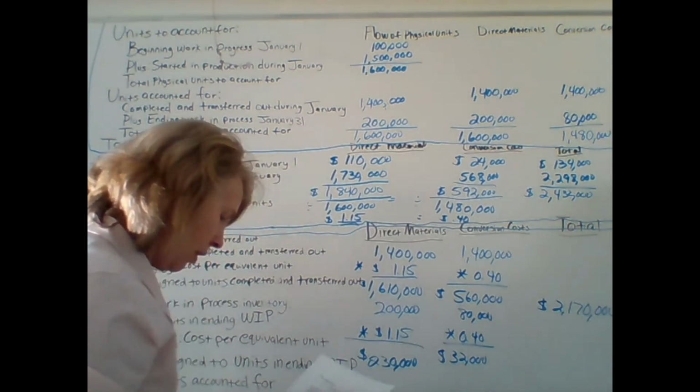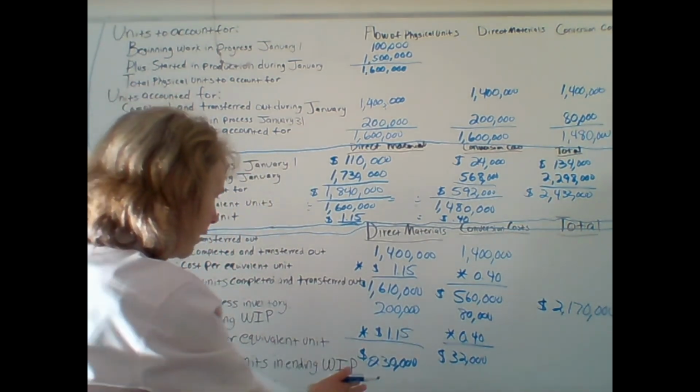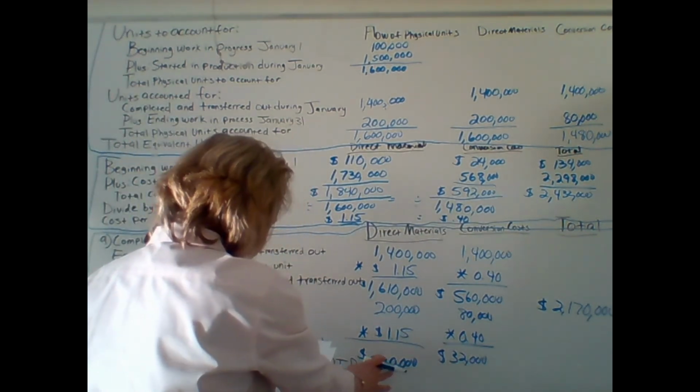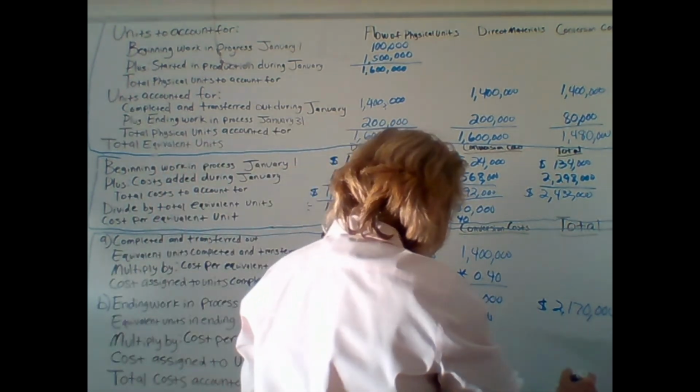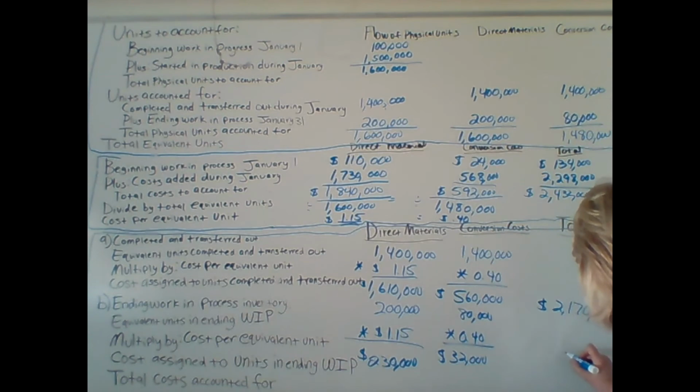Okay? All right, now I total these across. 230 plus 32,000, and that gives me 262,000. Okay? That's a dollar figure. All right, now I draw a line.